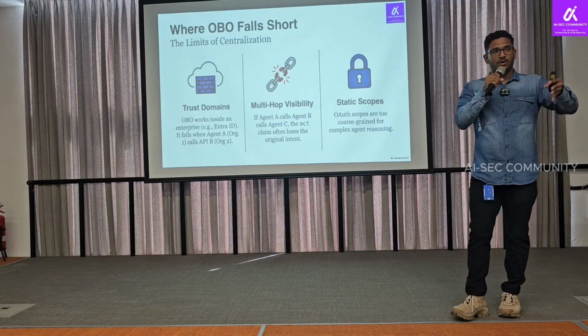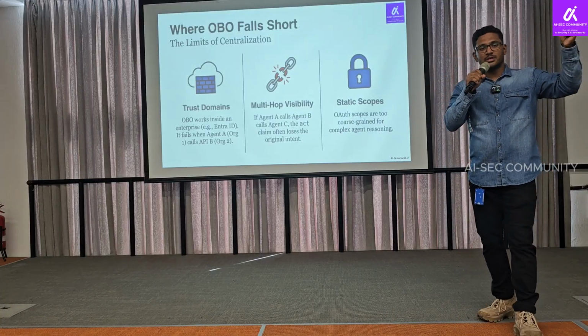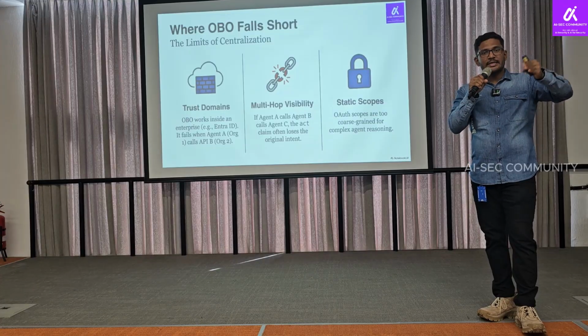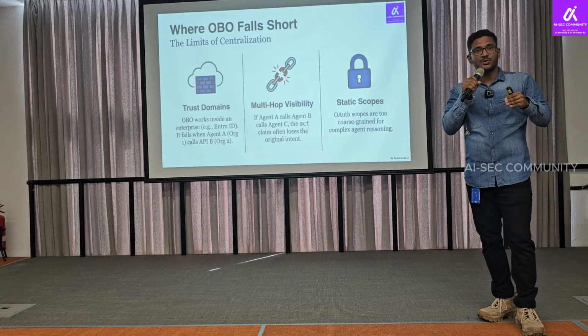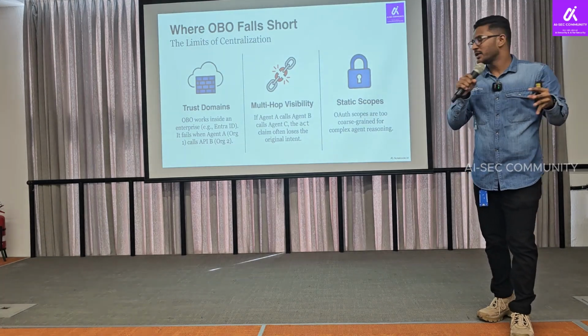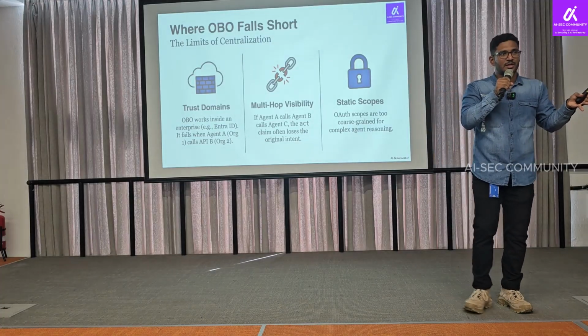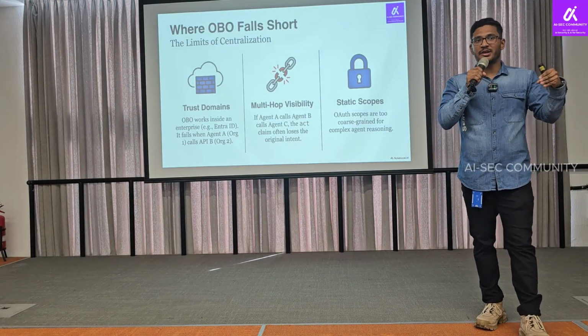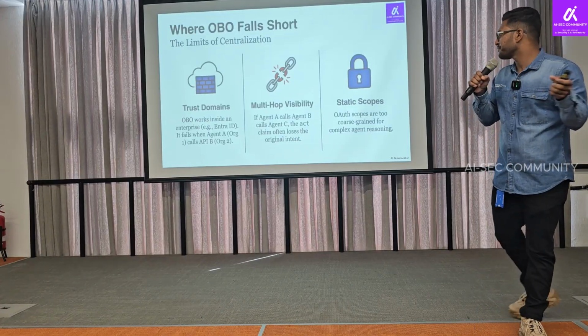Let's say agent A calls agent B calls agent C. Keeping track of identities is fine, but keeping track of all the roles that each agent was assigned to is not that easy. And then static scopes, the problem that we talked about, where you define a scope and you either limit the agent or you give too many privileges to it.